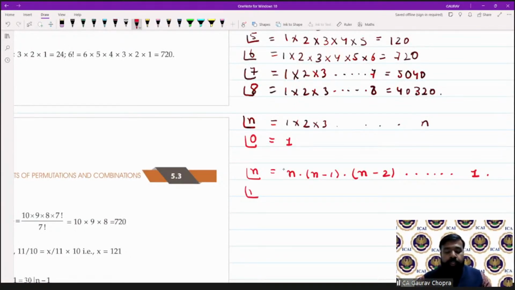If we want to open n plus 1 factorial, how can we open? N plus 1, after that n will come, then n minus 1, n minus 2 up to 1. So in this way, we can open the factorial.